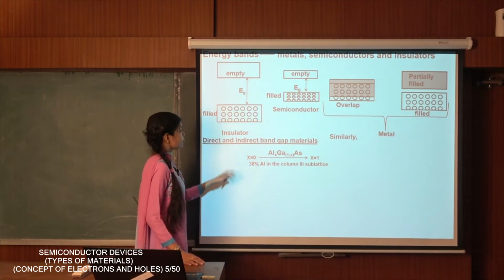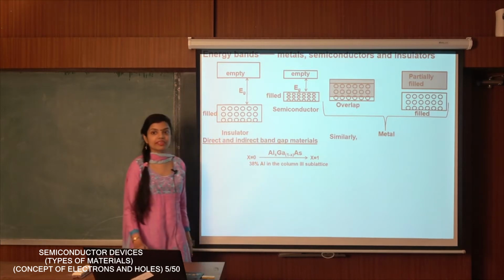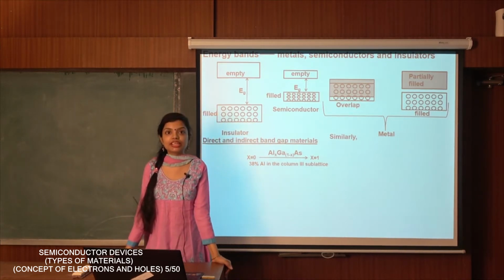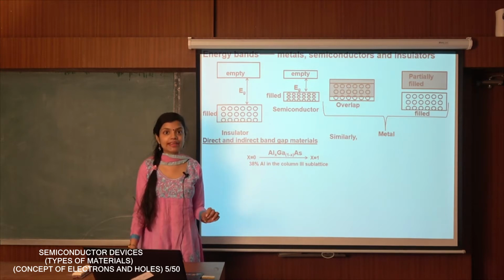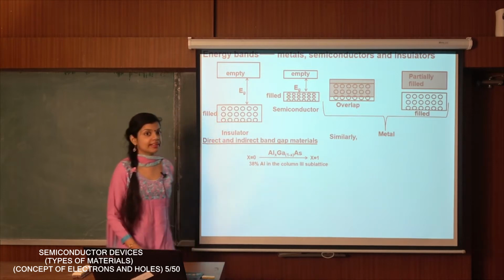Now we come to the concept of direct and indirect band gap materials. As we have already mentioned, our dispersion relation, the E-K relation, is a function of K. If the uppermost point of the valence band and the lowermost point of the conduction band occur for the same value of K, it is a direct band gap semiconductor.